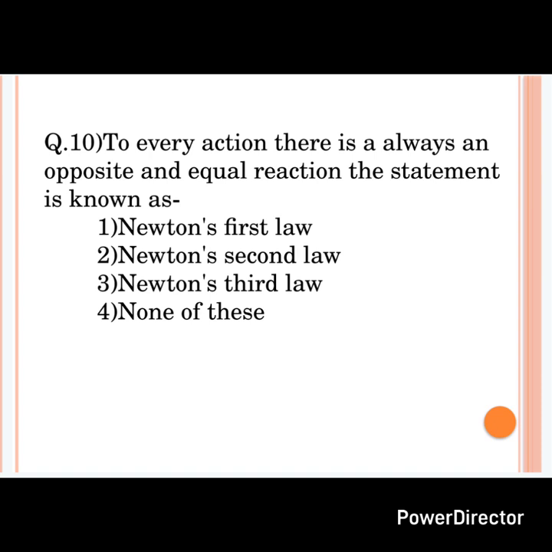To every action, there is always an opposite and equal reaction. This statement is known as which law of Newton? So, the options are: first option, Newton's first law; second option, Newton's second law; third option, Newton's third law; and the fourth option is none of these.